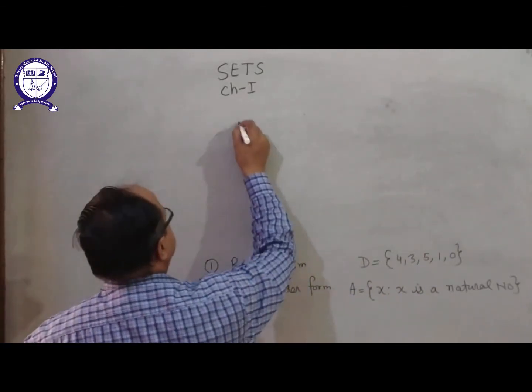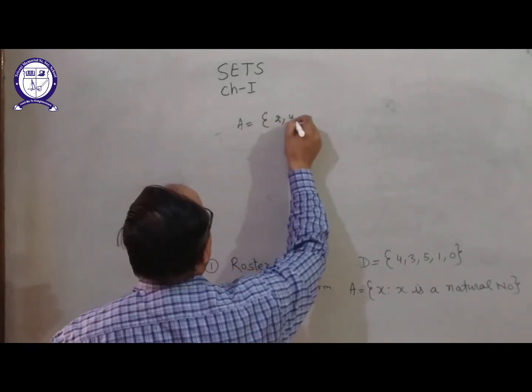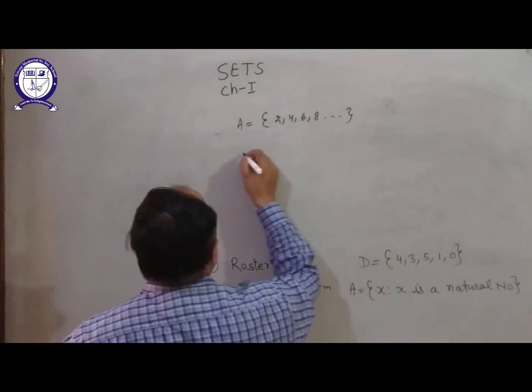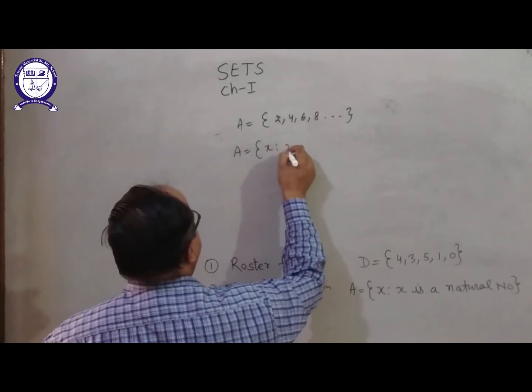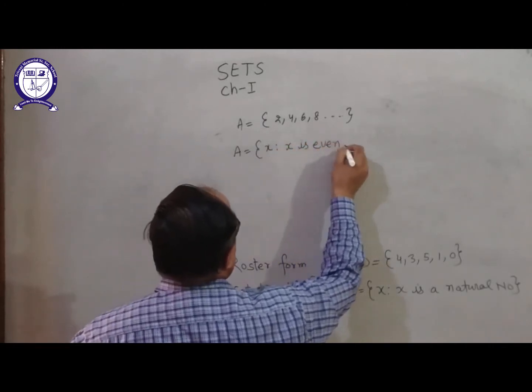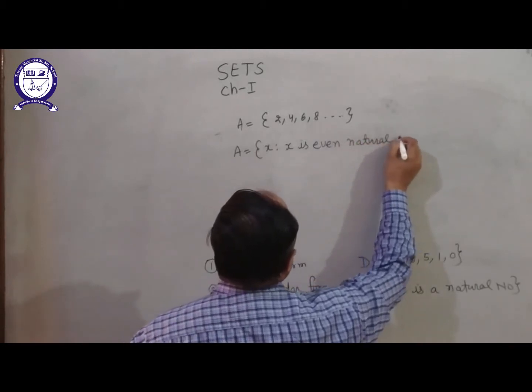For example, you can write the set {2, 4, 6, 8, ...}. In set builder form, you can say set of all x such that x is an even natural number.